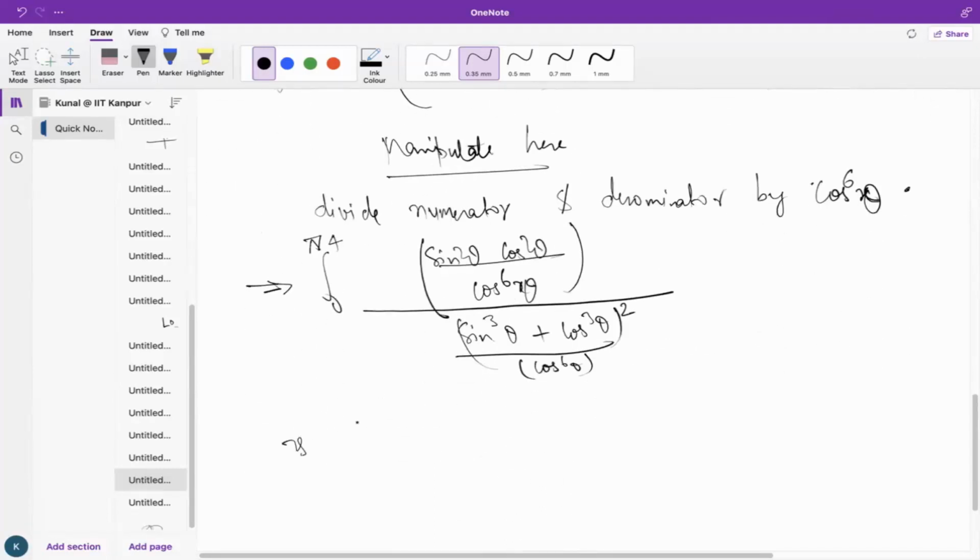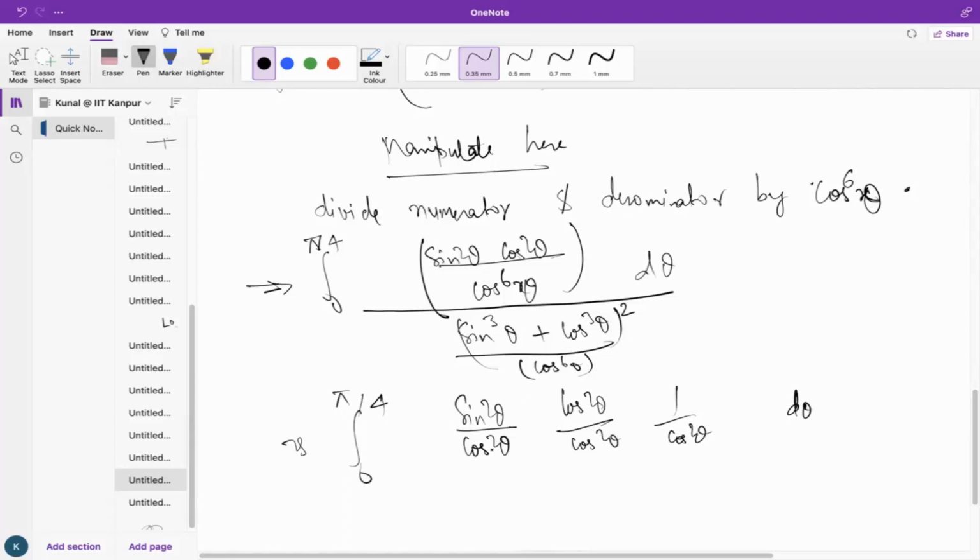When we simplify it, we can write the numerator as sine square theta by cos square theta into cos square theta by cos square theta into 1 by cos square theta d theta. Right? We can write it in this form. Now, when we take this cos to the power 6 inside this function, we get (sine cube theta by cos cube theta plus cos cube theta by cos cube theta) whole square.